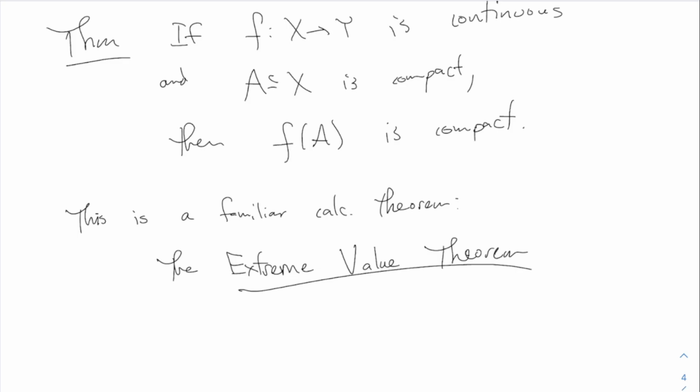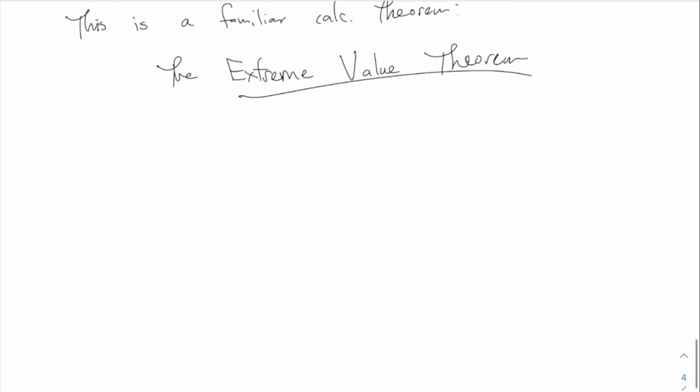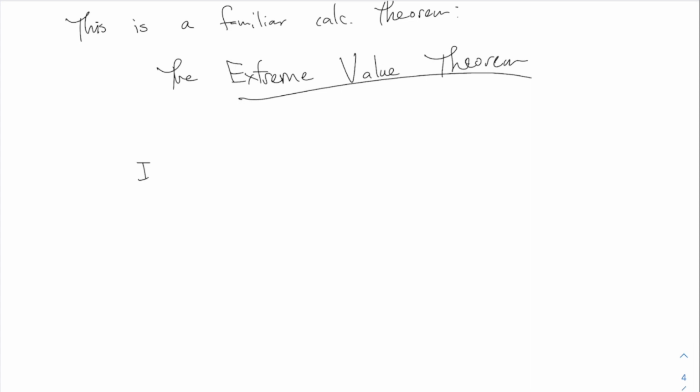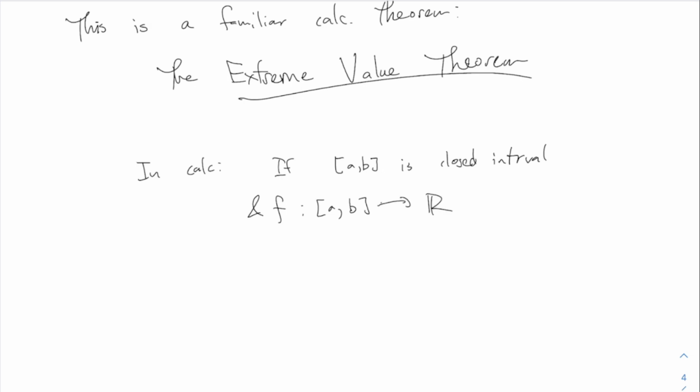So in a calculus class, the way we say it is, if A to B is a closed interval and f from A to B to R is continuous, I would never write that in a calculus class, but that's because they think everything is to R in a calculus class, because it is.